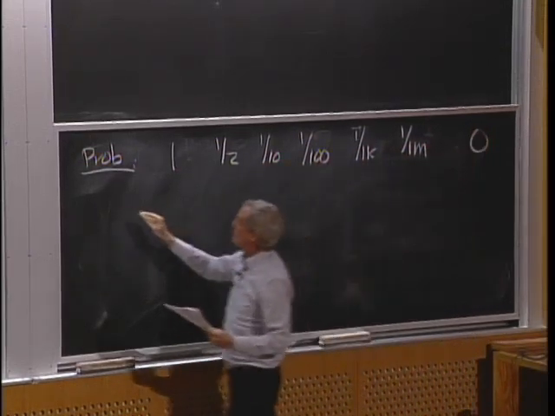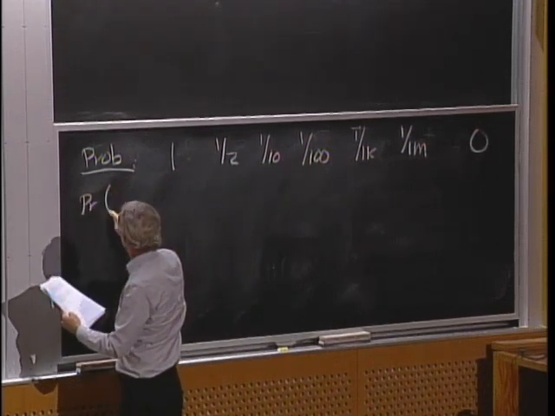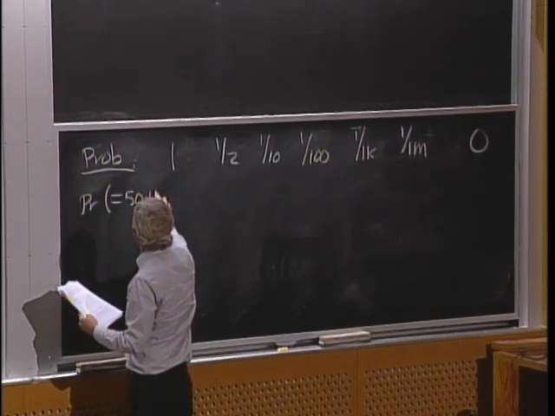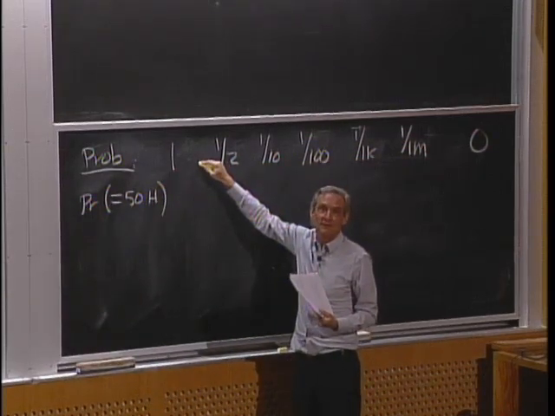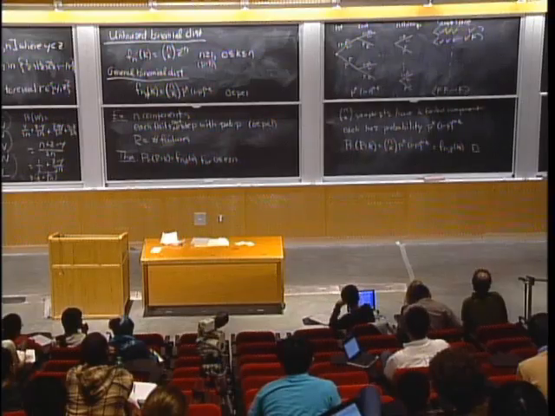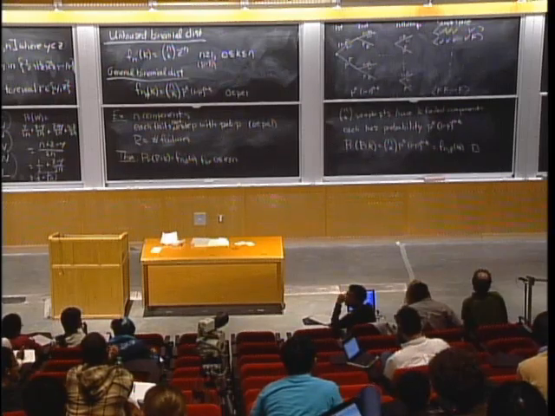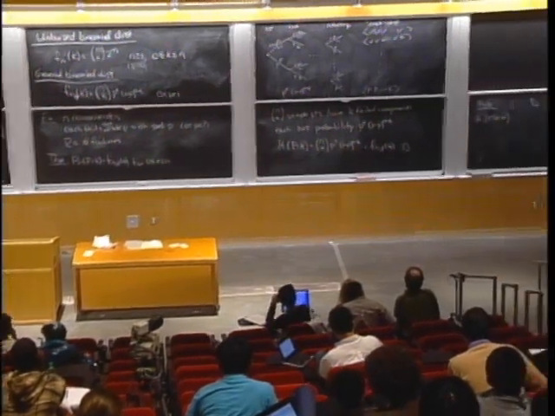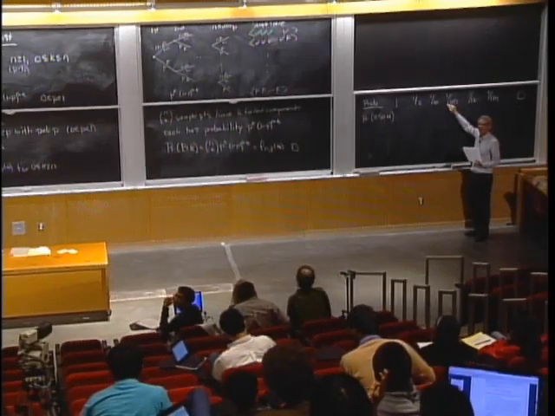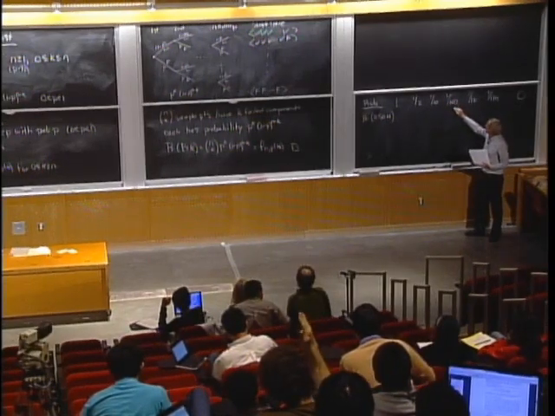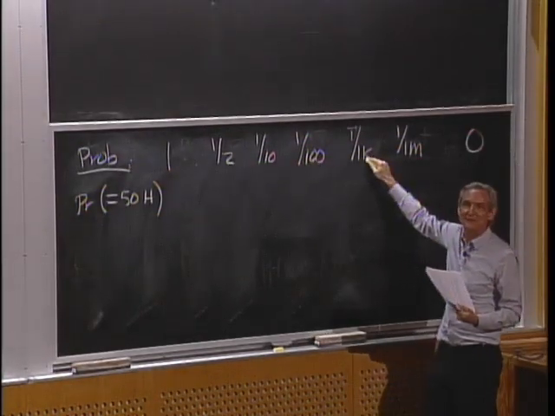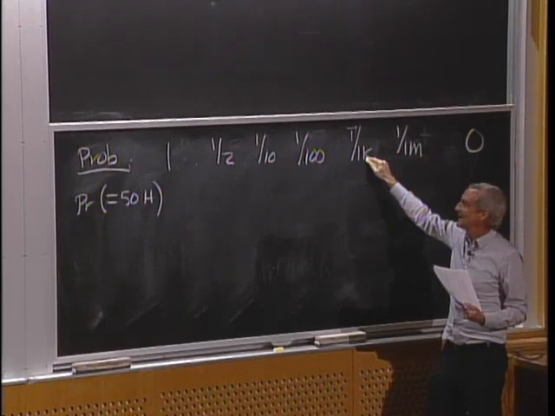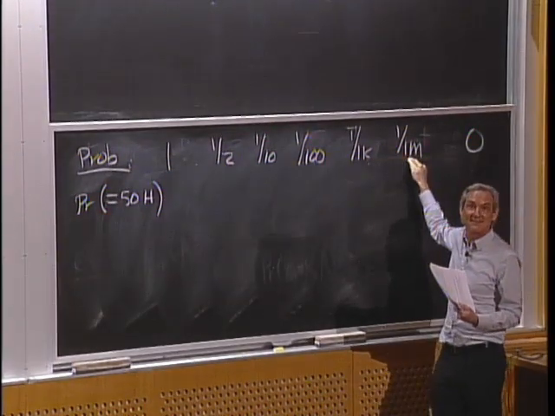I want to know what's the probability when you flip 100 mutually independent coins, you get exactly 50 heads. How many people think it's at least a half that you get half heads? Oh, nobody likes that. How many people think it's between a half and a tenth? 1 vote. A tenth and a hundredth? More. All right. Doesn't have to be at least a half. That's sort of the most likely outcome. There's only 100. How many think a hundredth and a thousandth? All right. A thousandth and a millionth.